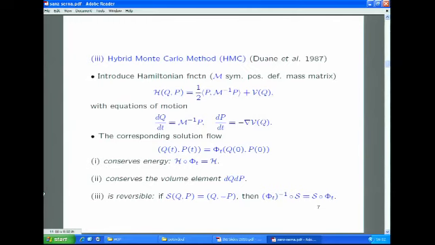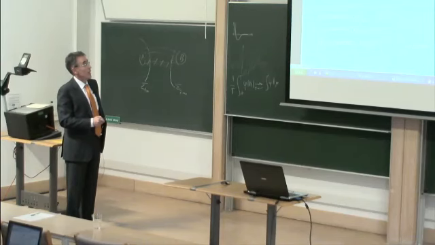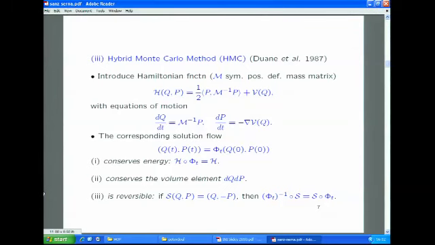So we now think of this as being a potential energy, and we construct a Hamiltonian by introducing the momenta, the vector of momenta p with the same dimensionality as q. This is the mass matrix, and this is the inner product. And with this Hamiltonian, of course, we've got the canonical equations of motion as given there.